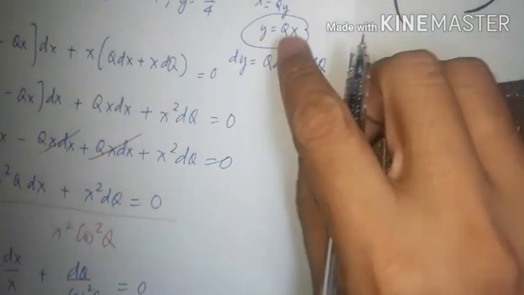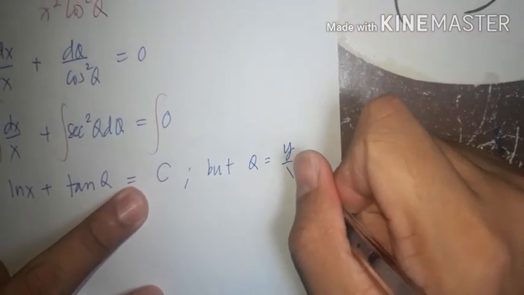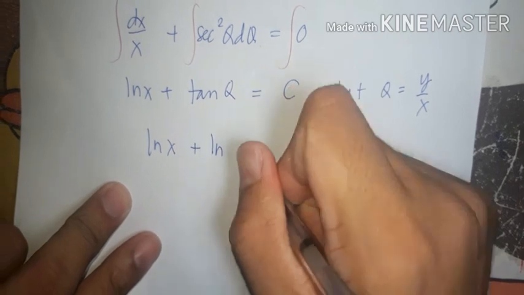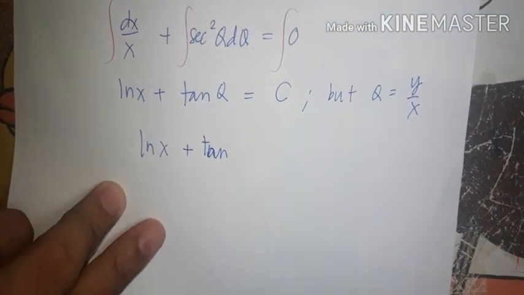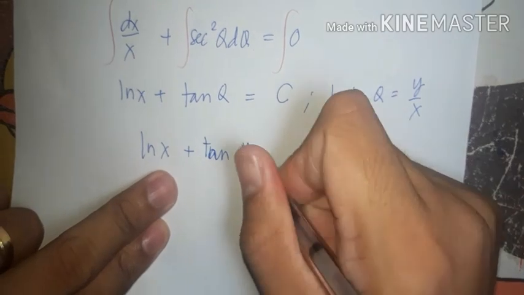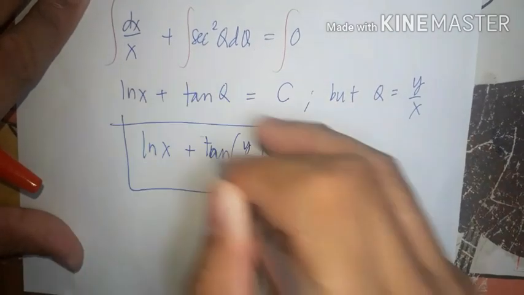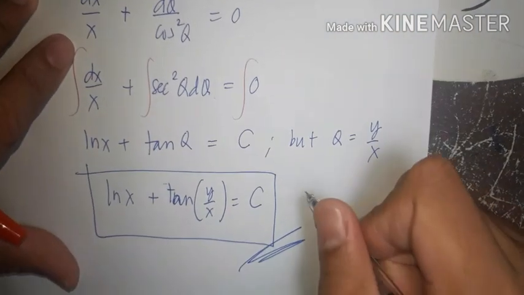Q is y over x. Substituting gives ln x plus tangent of y over x is equal to c. That will be our answer. That's your general solution pa pala.